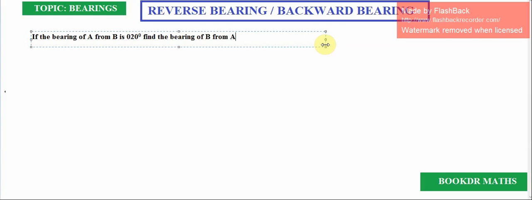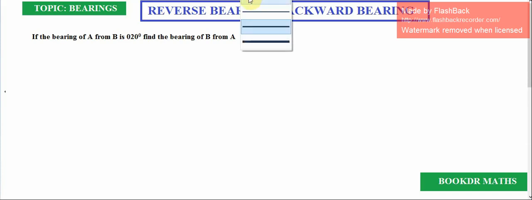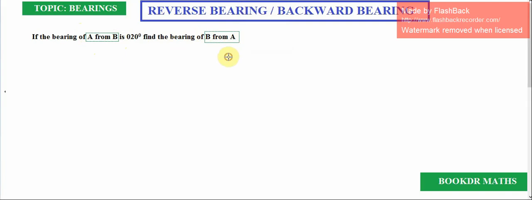If the bearing of A from B is 120 degrees, find the bearing of B from A. Pay critical attention to these keywords: A from B, and B from A. They are very important keywords.